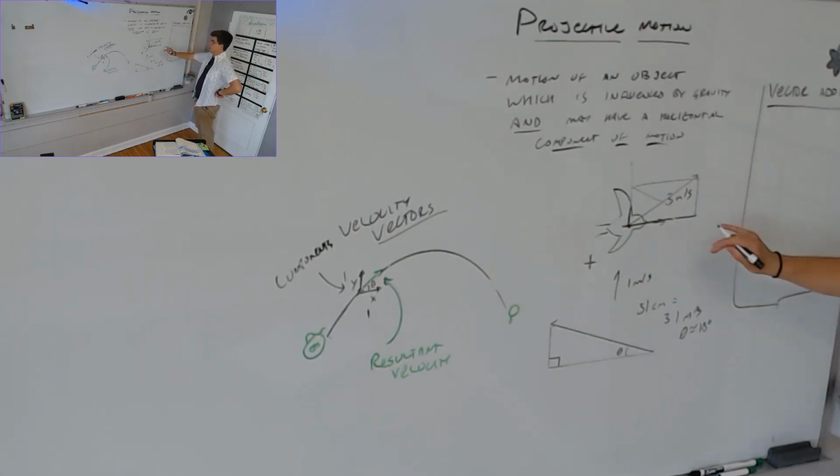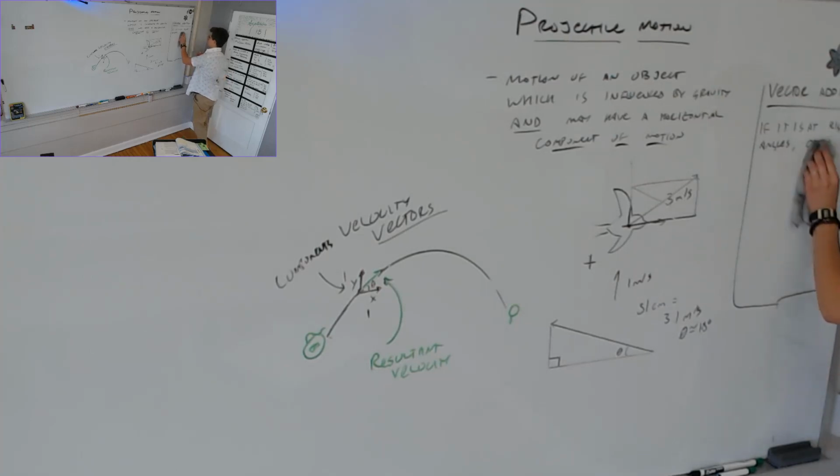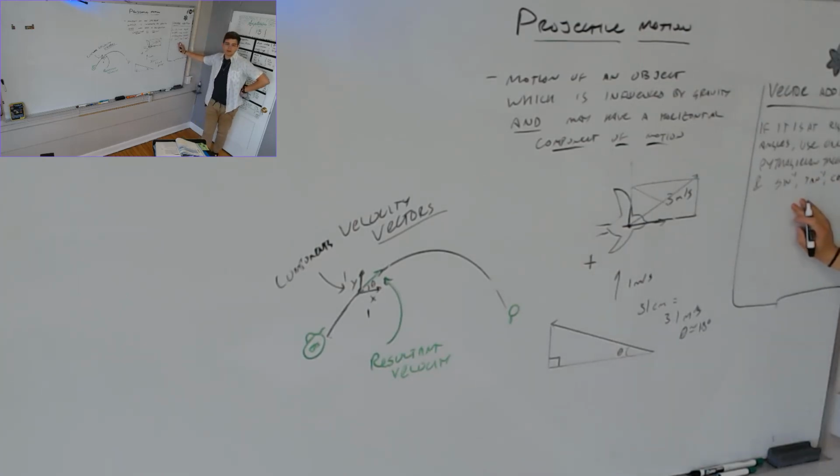So first of all, if it's at right angles, it's okay to use only the Pythagorean theorem and one of the inverse trigonometric identities in order to find the angle.